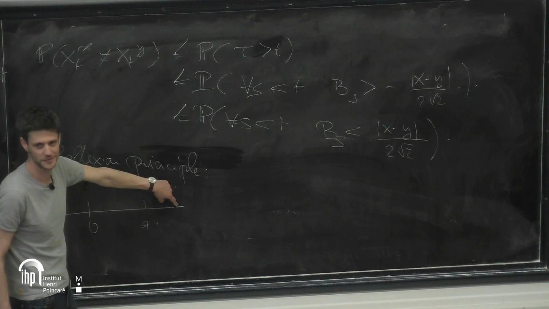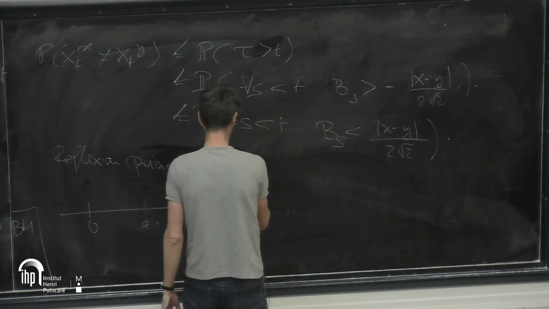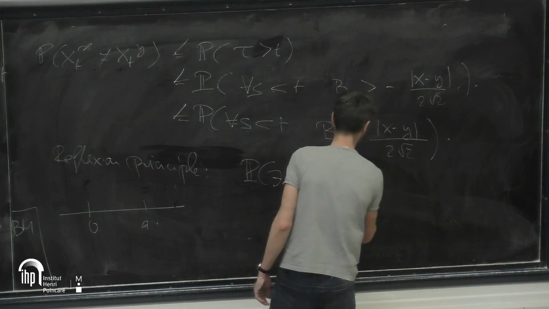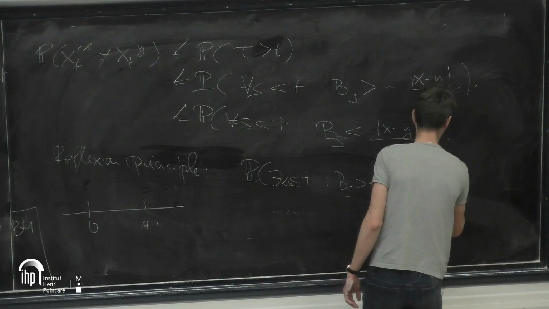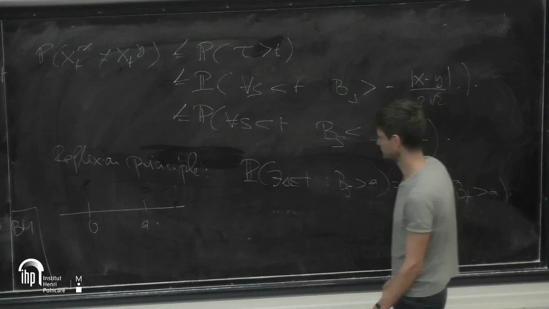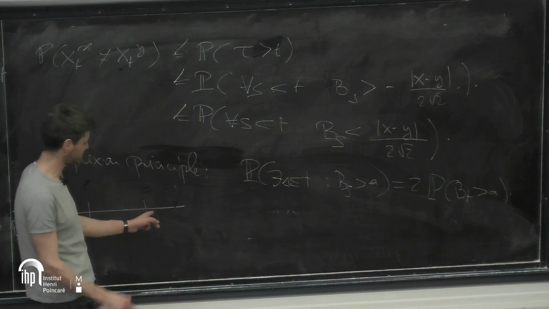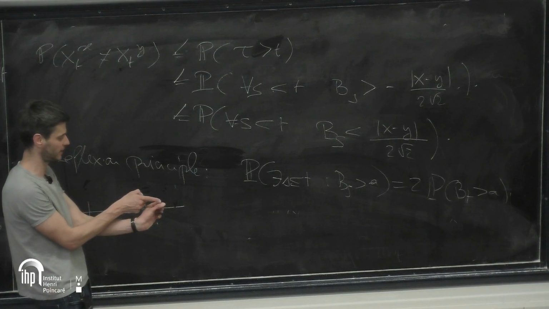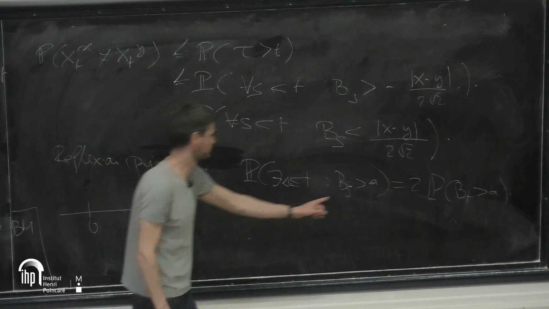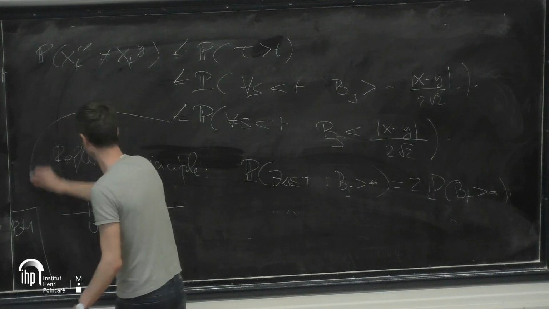I don't know if anyone is following here, but I will write it, then it will be easier. The probability that there exists s less than t with B_s larger than a is twice the probability that B_t is larger than a. The reason is that you condition on the first time you hit a, and then you have half and half chance to be to the right or to the left of a.